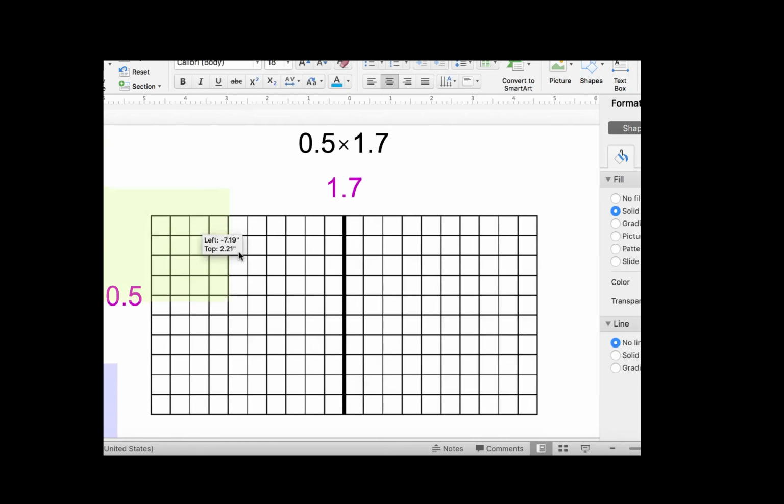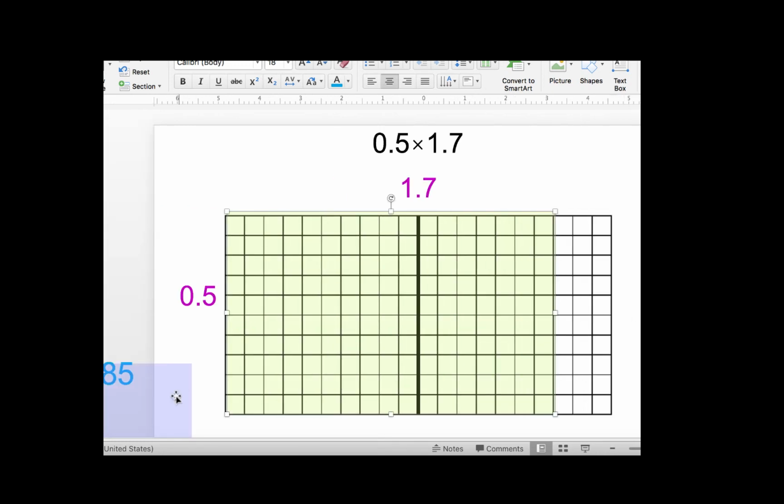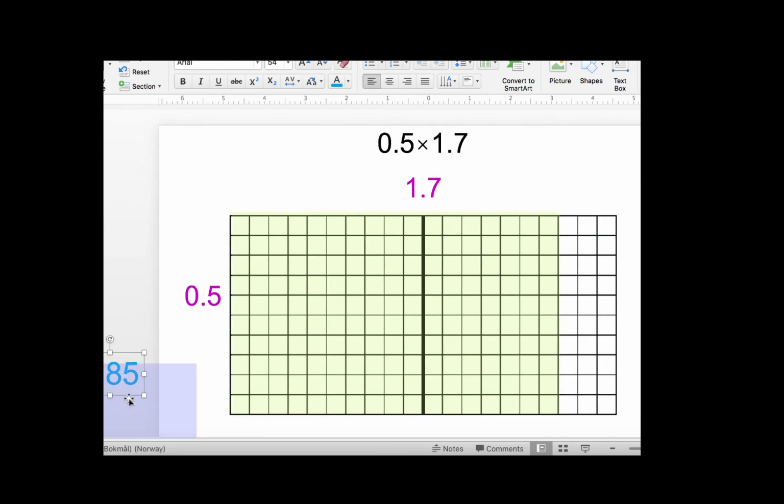So if I have 1 whole and then I have 7 rods, so I'm going to fill in 1, 2, 3, 4, 5, 6, 7 rods. Now over here, I'm going to have my 0.5.